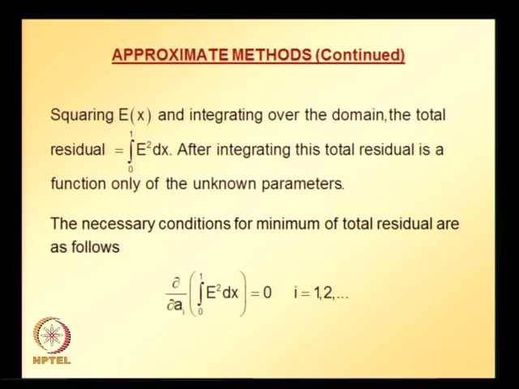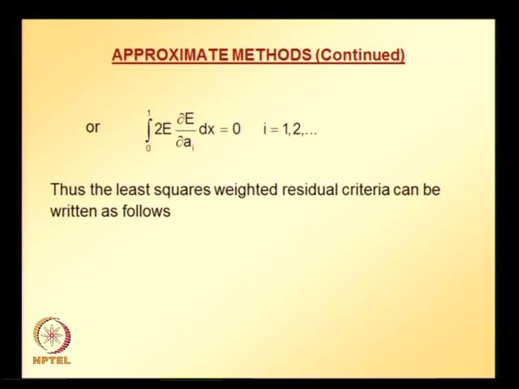and this necessary condition can further be simplified by noting that integration and differentiation are interchangeable, and taking differentiation inside we get this equation, and here the 2 can be cancelled out on both sides and we get this equation.